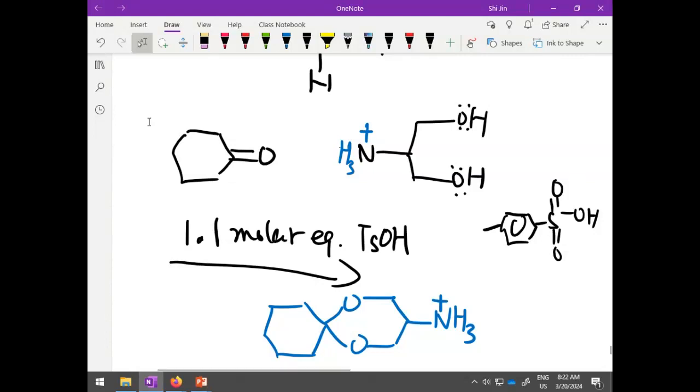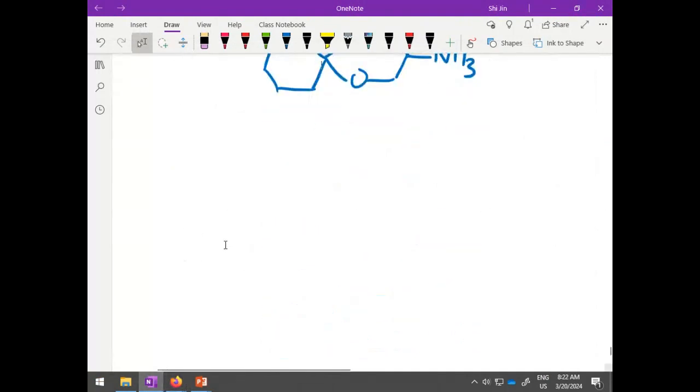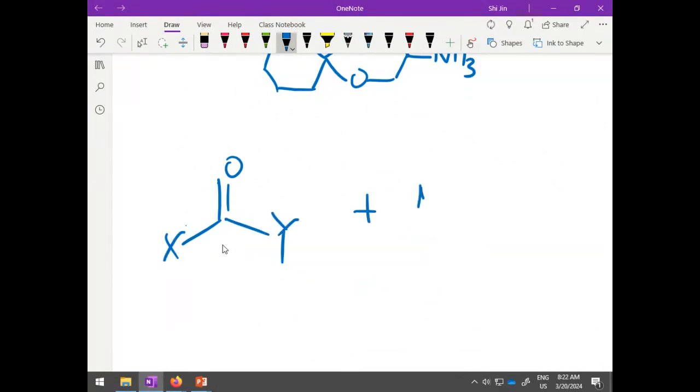Any other questions? So in general, if you have, say, an X, Y ketone or aldehyde, and you have an NH2 group, whatever is here doesn't matter that much, because usually whatever group is here will be less nucleophilic than the amino group.